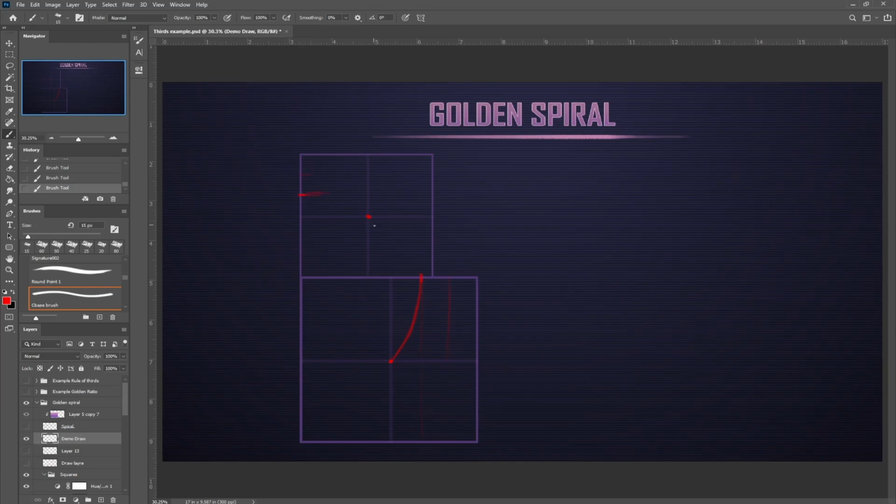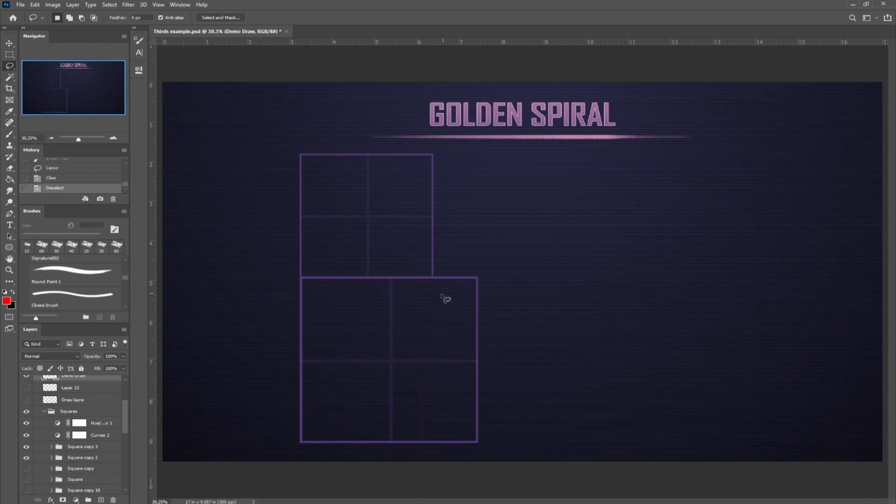Eventually this square is this square divided by the golden ratio, 1.618. So this square here is a third-ish smaller than this one.